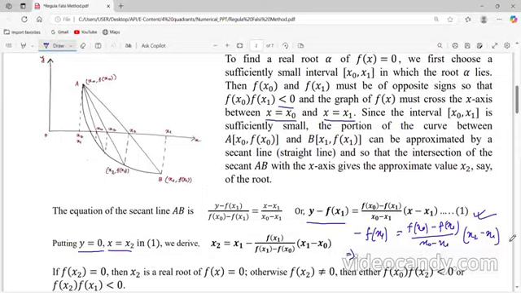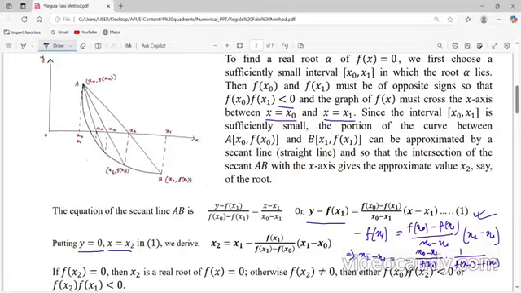Keeping x2 minus x1 on the left hand side, the portion x0 minus x1 moves over, so we write (x0 minus x1) times minus f(x1), times 1 by (f(x0) minus f(x1)).